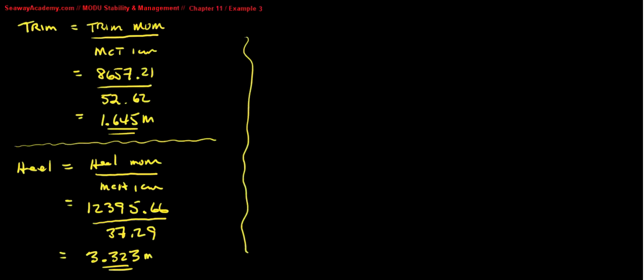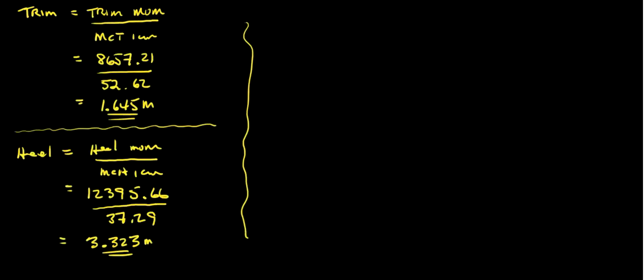Next, we're going to calculate the new mean drafts for the forward and the aft ends. So our mean draft forward is going to equal our mean draft plus half the trim.